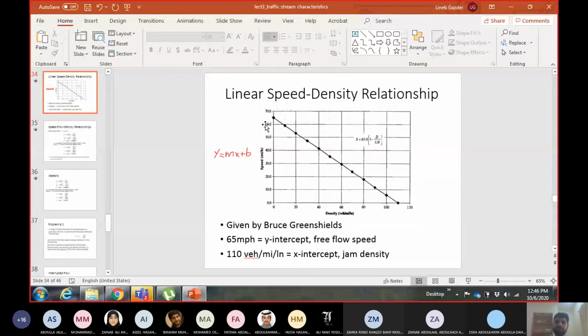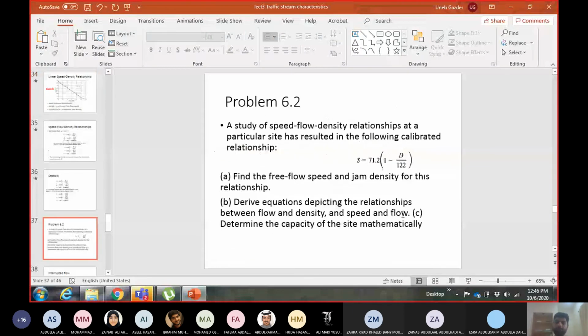So in this equation, when I put speed as 0, I get maximum density, which is jam density. And when you put d as 0, you will get maximum speed, which is the free flow speed. So to get the maximum values, you put the other parameter as 0. Free flow speed and jam density are basically the maximum values of speed and density.